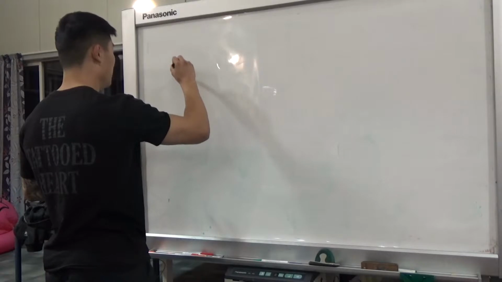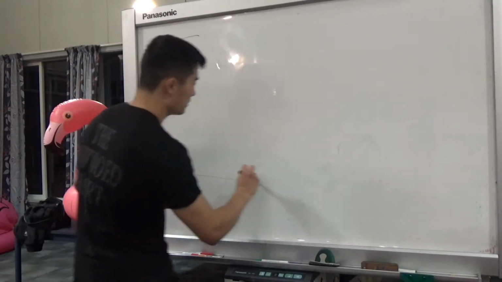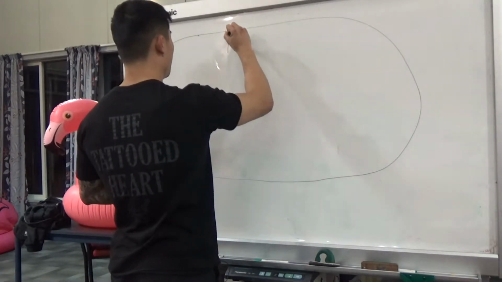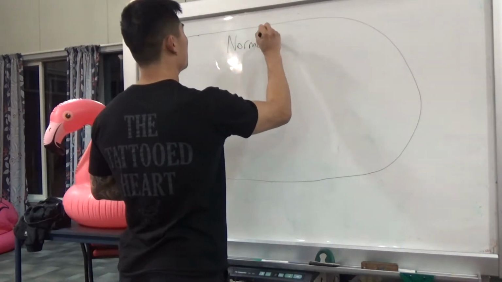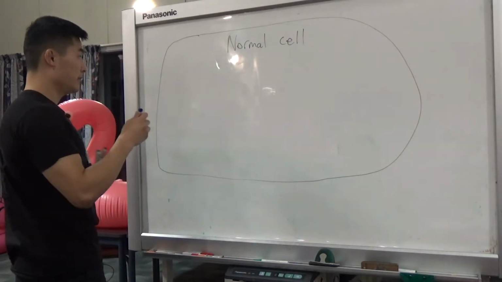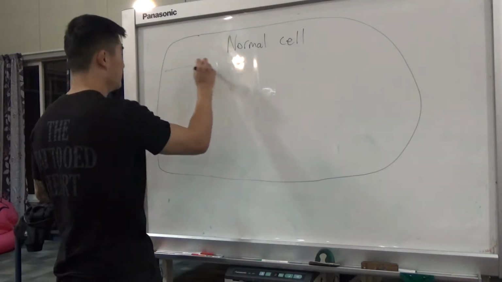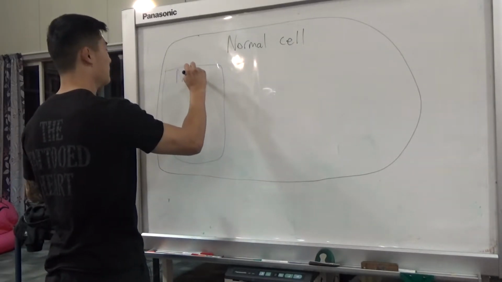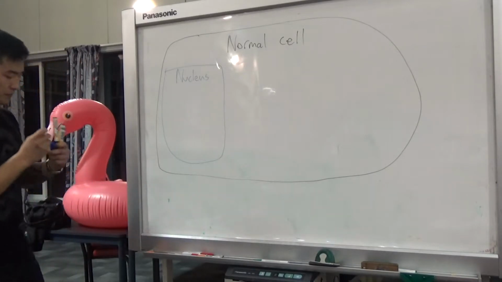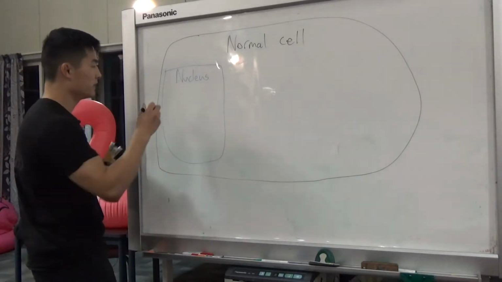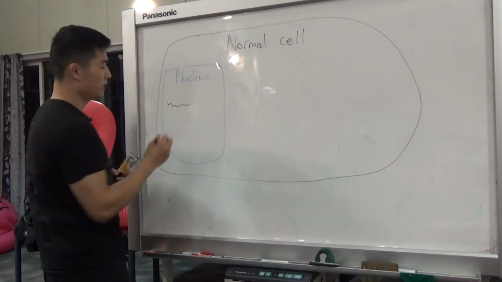So here's your normal cell, and the cell is going to contain a nucleus, and inside that nucleus you're going to have 1 copy of the gene.